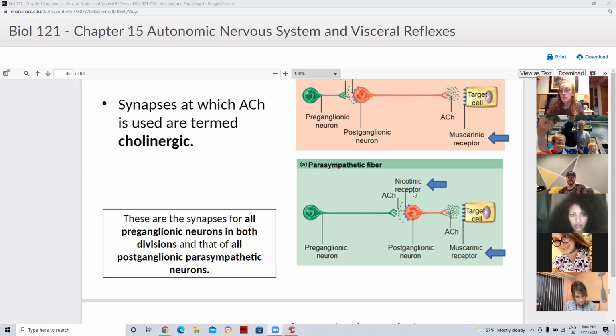Acetylcholine binds to nicotinic receptors. Both of these receptors are cholinergic receptors, and therefore they're both cholinergic synapses. Does that make sense? Is it clear?